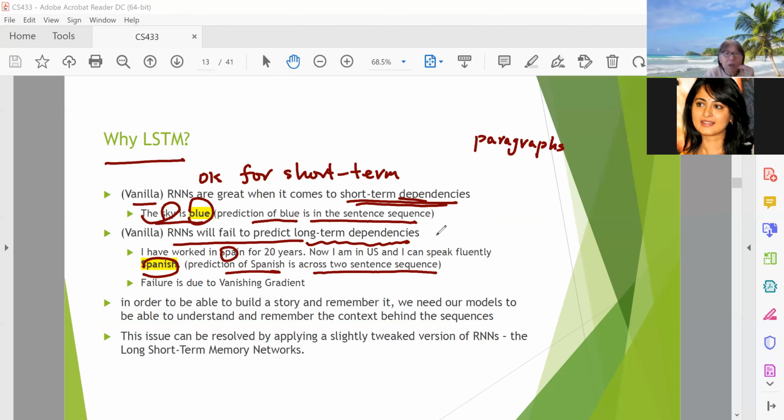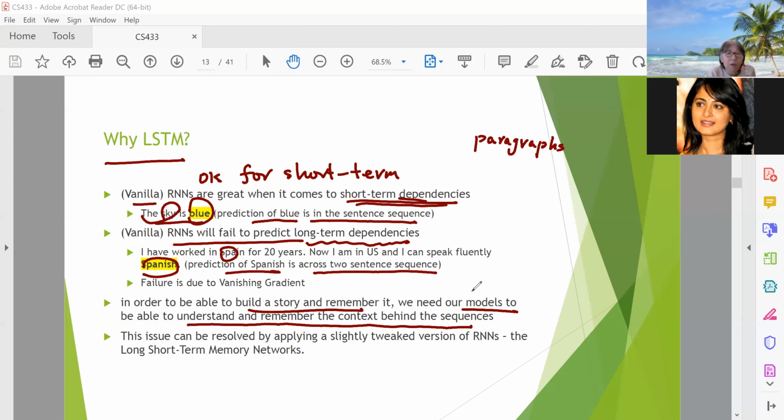So this is the shortcoming. In order to build a story and remember it, we need our models to understand and remember the context behind the sequences. So we also need to have long-term memory.